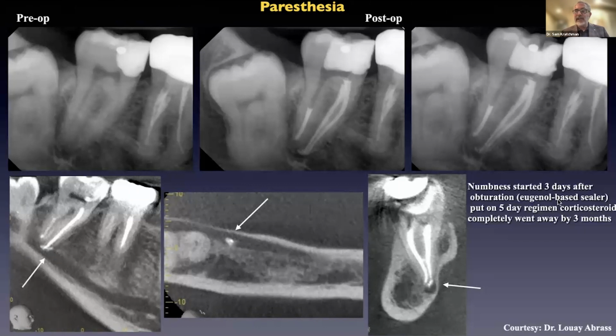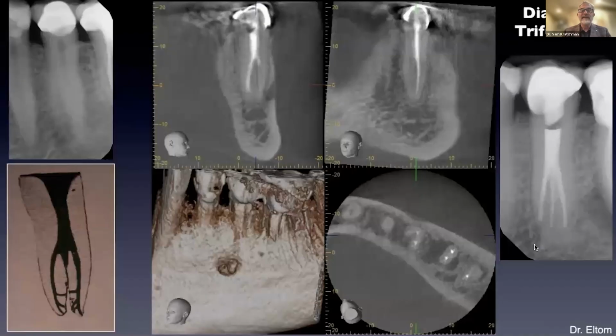And Louis was using a eugenol-based sealer, like a Grossman cement, and eugenol happens to be neurotoxic. Now, I knew it wasn't going to be permanent. I told Louis not to worry, but nonetheless, this is something that you keep an eye on. And as you can see here, he put the patient on corticosteroid, and the numbness went away within 3 months.